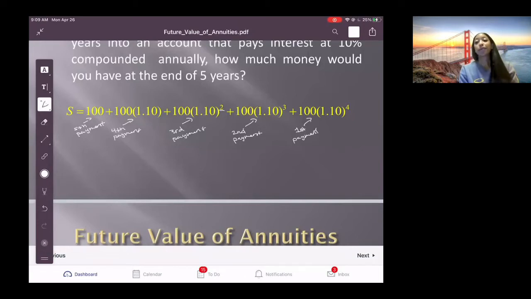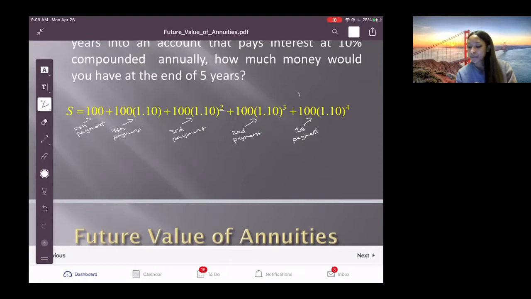All right, so again, what is happening here? These are 5 different compound interest problems. For every payment that you make, you have to solve your own compound interest problem to figure out how long that payment is going to be in the account, and then how much interest it's earning. It doesn't really look like a compound interest problem maybe to you right now, but let me help a little bit.